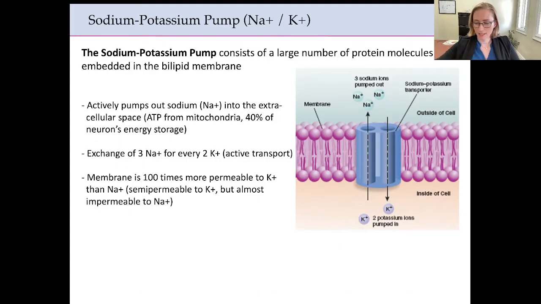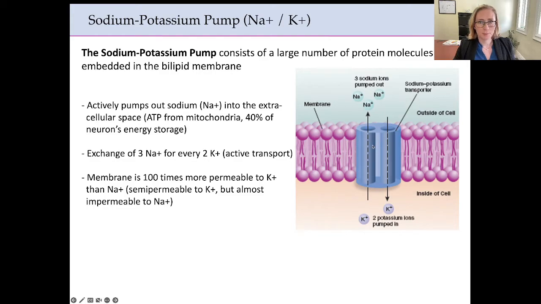Okay, so I said it's vitally important that in order to have an action potential, we first have to make sure sodium is kept outside of the cell and potassium is kept inside of the cell, right? The concentration of sodium is 10 times higher outside. For potassium, it's 20 times more concentrated inside. We have a very specific channel here.